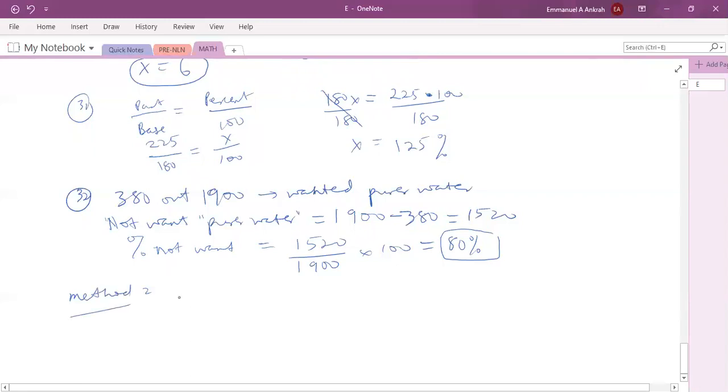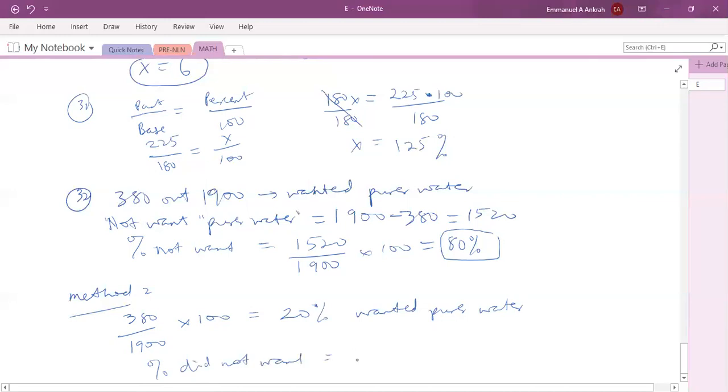Method 2: you can do 380 out of 1900, multiply by 100 to get a percentage. This will give you 20%, which means 20% of the people wanted the purer water. So to find the percent that did not want, you know the 100% is the whole.